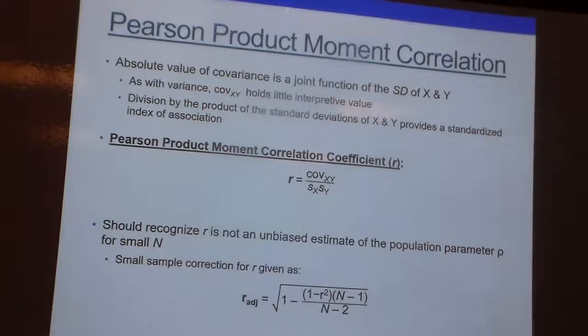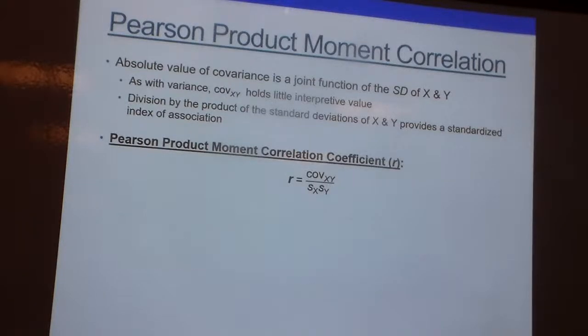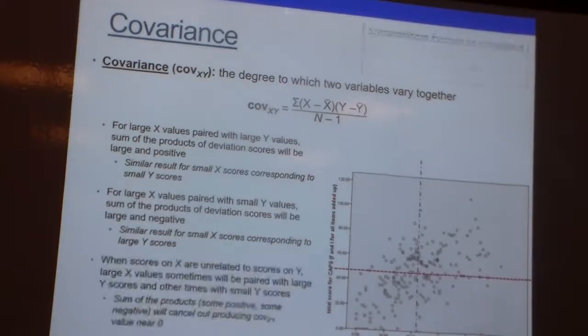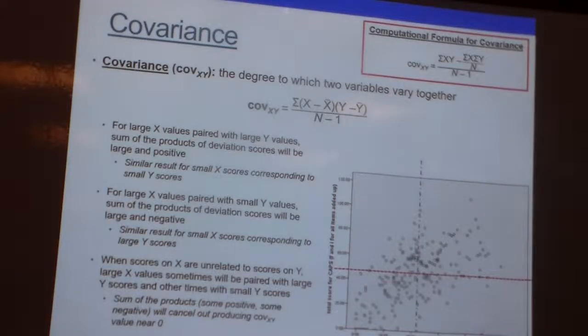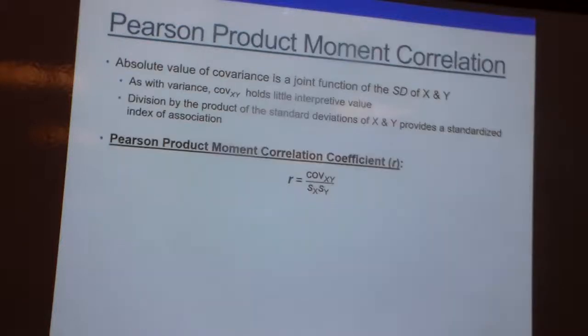All right, so we finished up last week with talking about correlation coefficients. If you recall, we talked about covariance, right? Covariance being kind of like our variance measure of the extent to which X and Y vary with one another, but covariance in and of itself not terribly intuitive in terms of a meaningful interpretation.